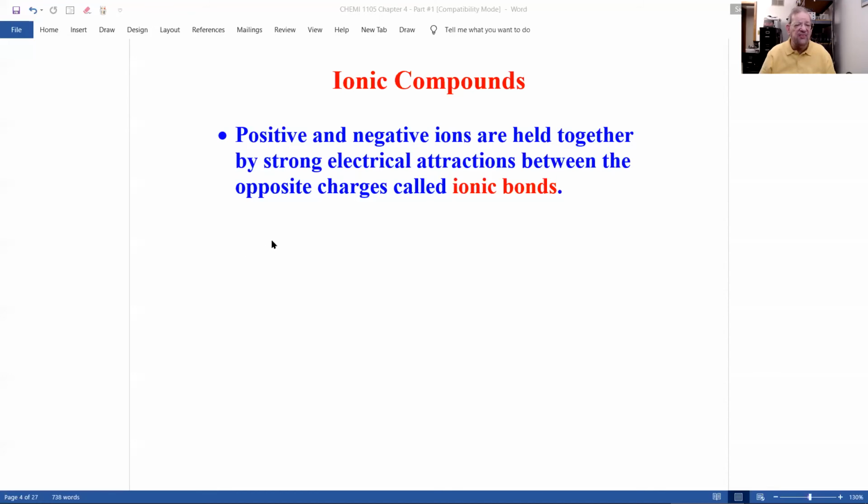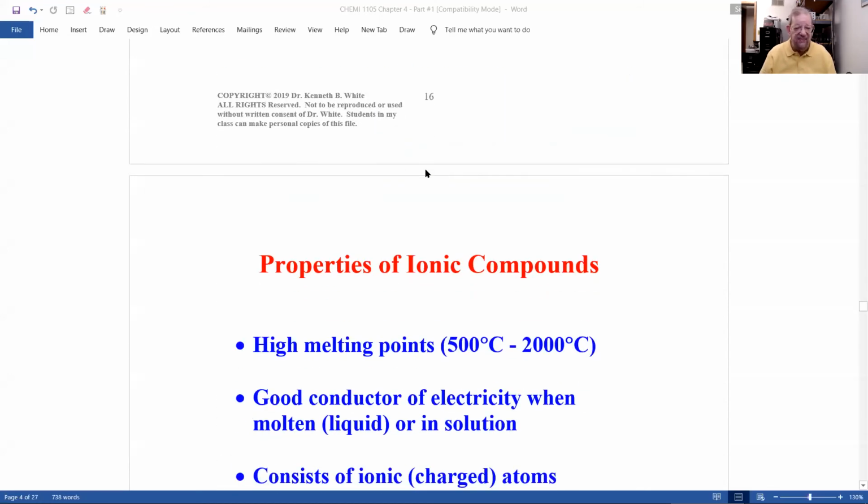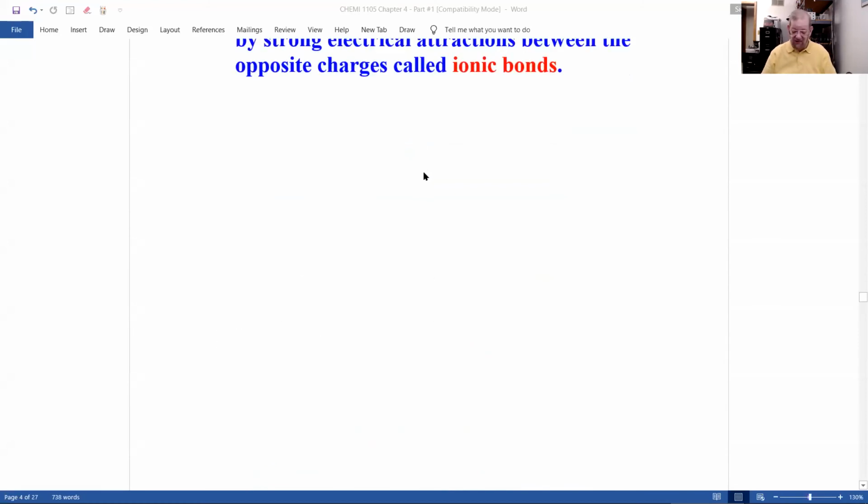So if we look at ionic compounds, there are positive and negative ions held together. And let's look at a real quick example. We learned sodium forms a +1.